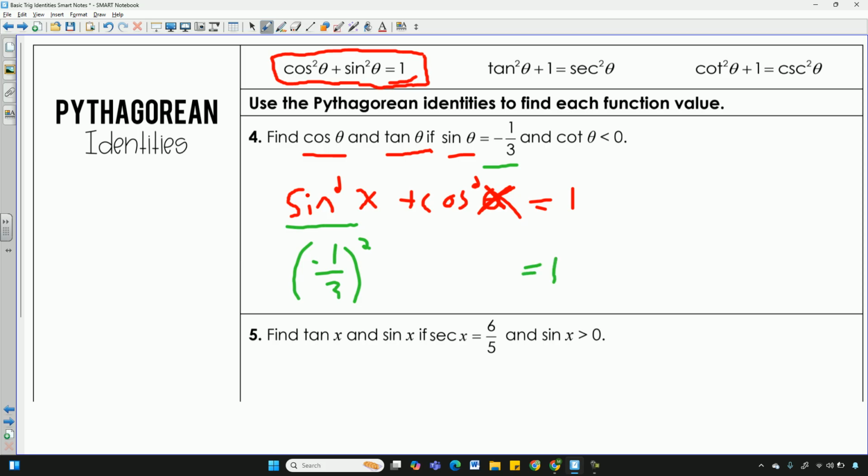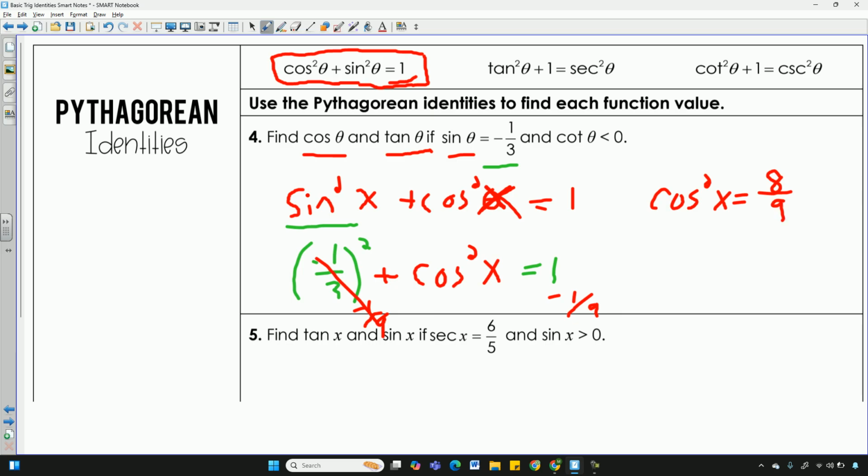It's all going to come out to 1. We're trying to find cosine squared. That's what we're looking for right now. So let's try to figure that out. What we're going to end up with is a 9th over here. And if we subtract a 9th on both sides, we'll have cosine squared equals 8/9.